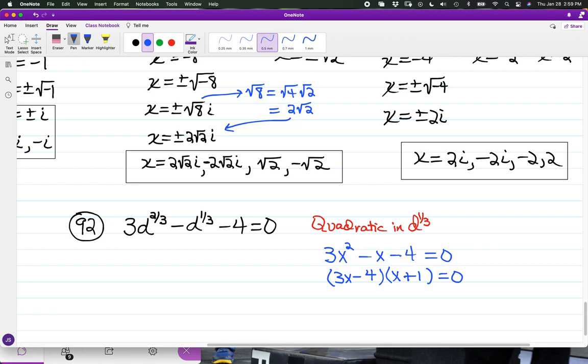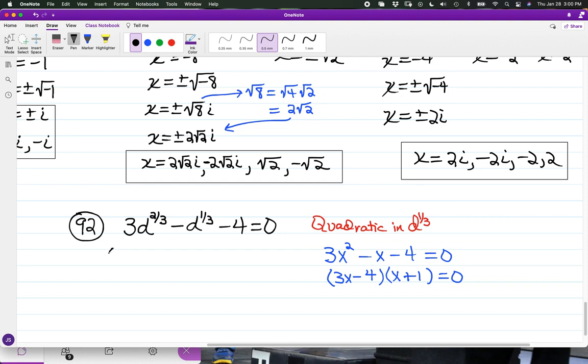Now, instead of x squared or x, I have 3D to the 2/3 and D to the 1/3. If I apply the same coefficient treatments, instead of x's I'm going to have D's to the 1/3.